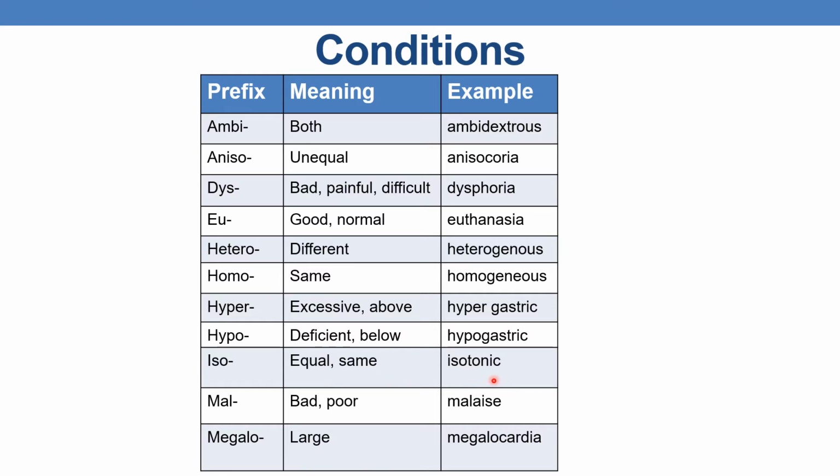That means it has the same tonicity. Mal means bad or poor. Megalo means large. Megalocardia means enlarged heart. So these are some of the prefixes with their meanings and examples.